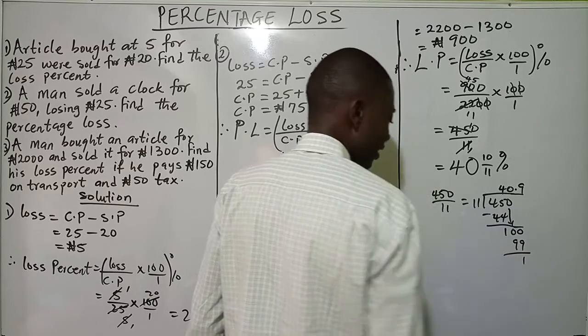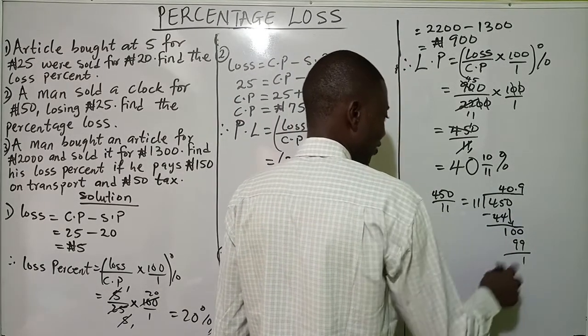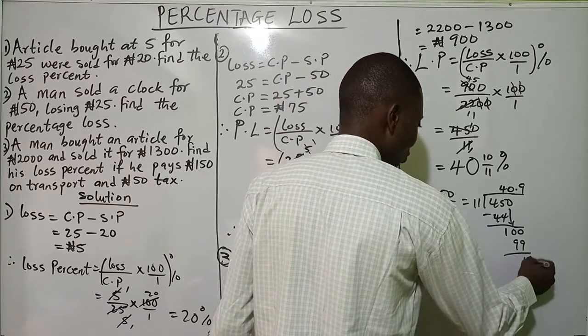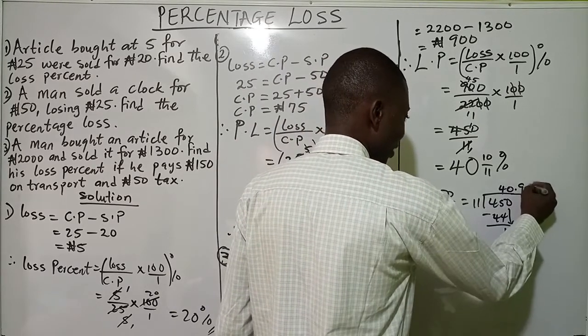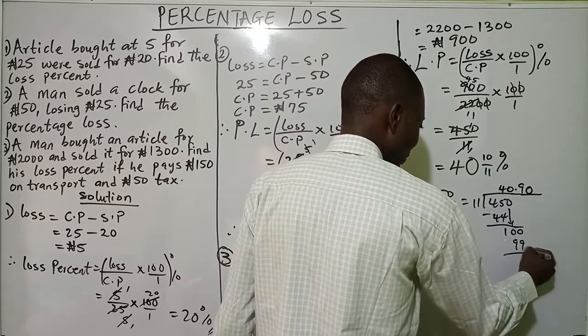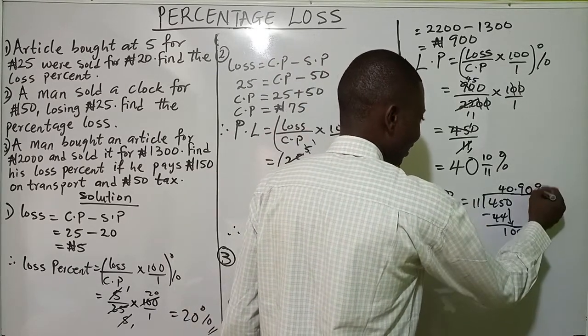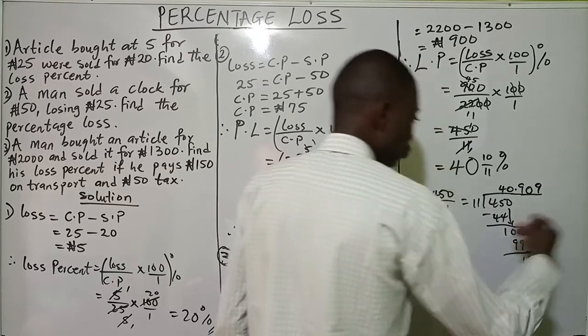You subtract again, 100 minus 99 is 1. How many 11 in 1? Not possible, so we write 0. How many 11 in 10? Not possible, so we write another 0 before we drop another 0. How many 11 do I have in 100? It is 9. 9 times 11 is 99. You're going to continue like that.